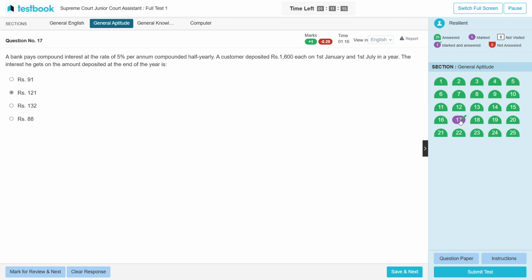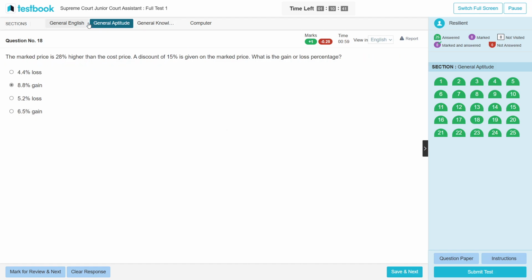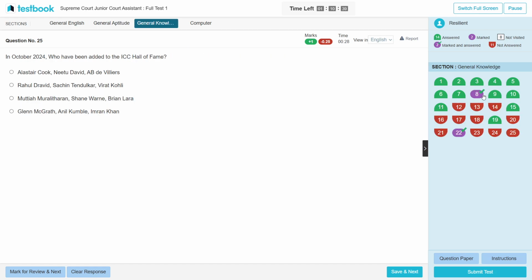A bank pays compound interest of 5%. 1600 पे एक बार तो 2.5 लगेगा जो कि होगा 40 और एक बार 1600 पे लगेगा 5 प्लस कुछ तो 80 के करीब. 121 आएगा इसका आंसर. ये सही लग रहा है.